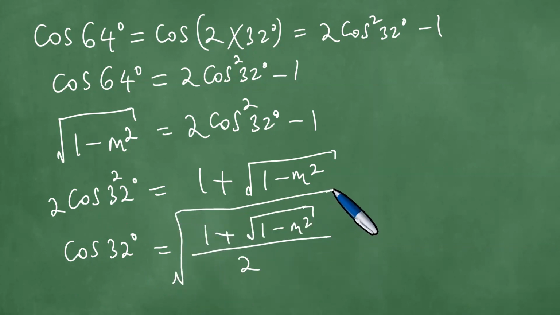Only plus, because we are dealing with the cosine of 32 degrees, and 32 degrees is in the first quadrant where all the trigonometric ratios are positive.